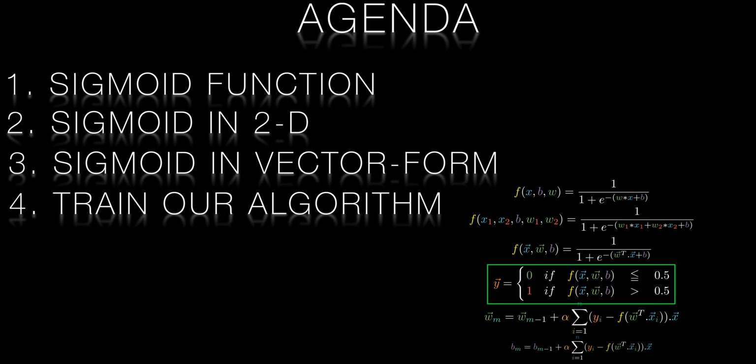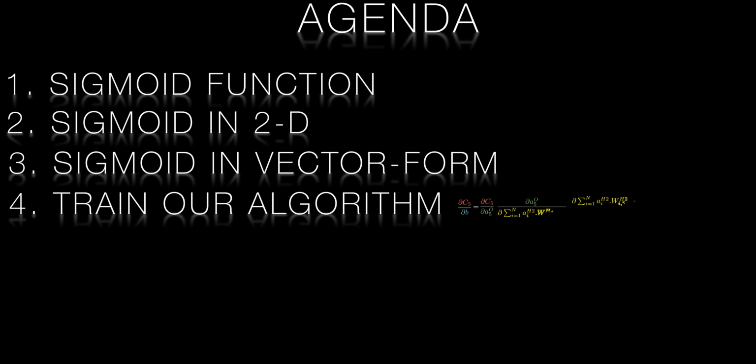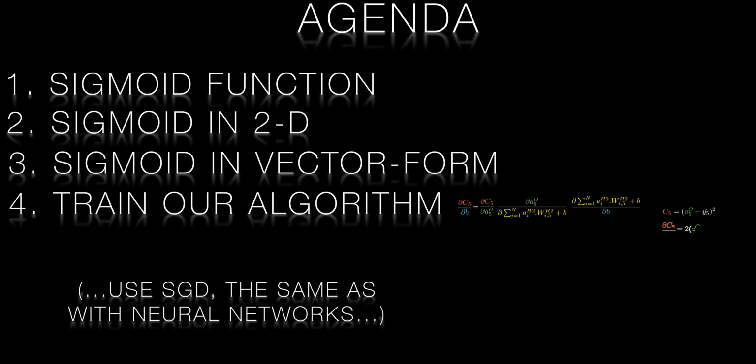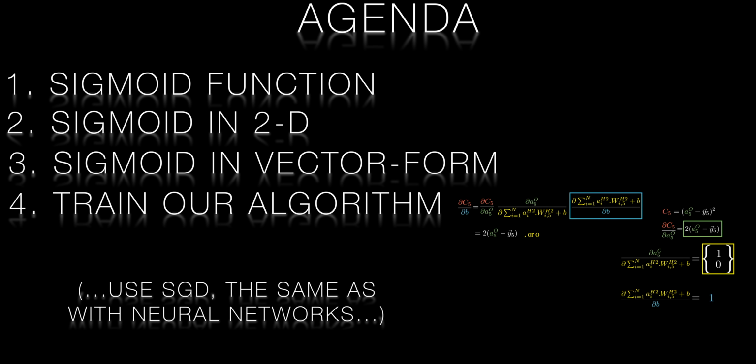We'll use the vector equation and tweak and nudge its parameters to get an optimum solution based on our training data. If you feel that this seems similar to how we train a neural network, then you're correct. We use stochastic gradient descent, or SGD, to nudge, tweak and optimize our parameters in logistic regression, much as we did with neural networks.